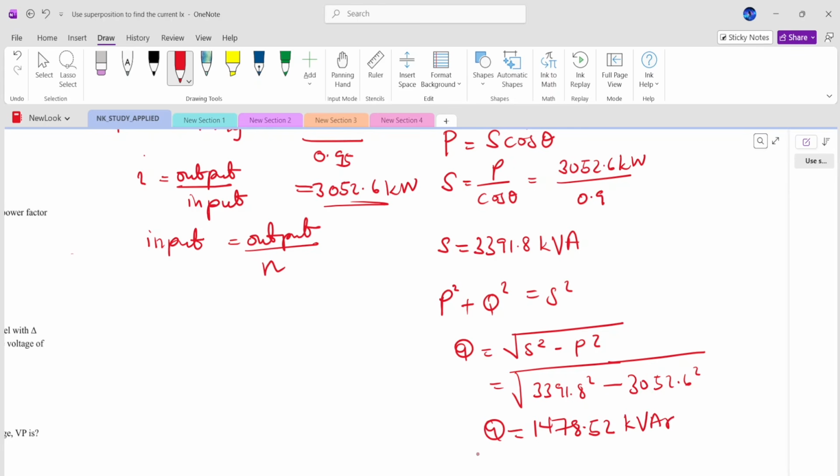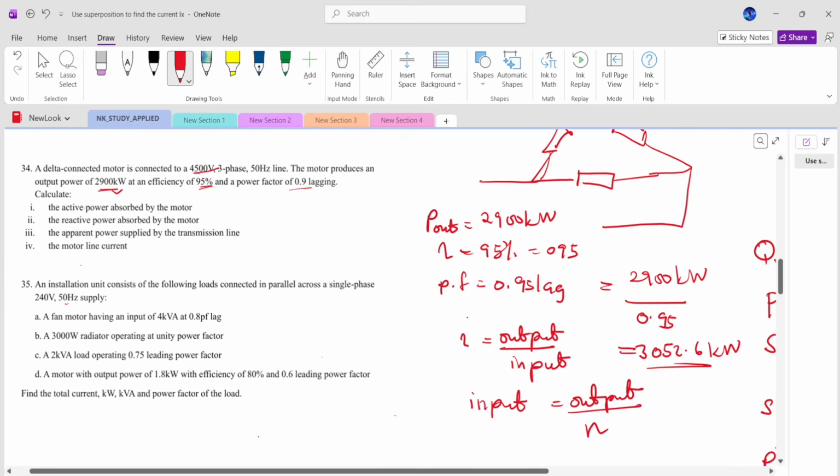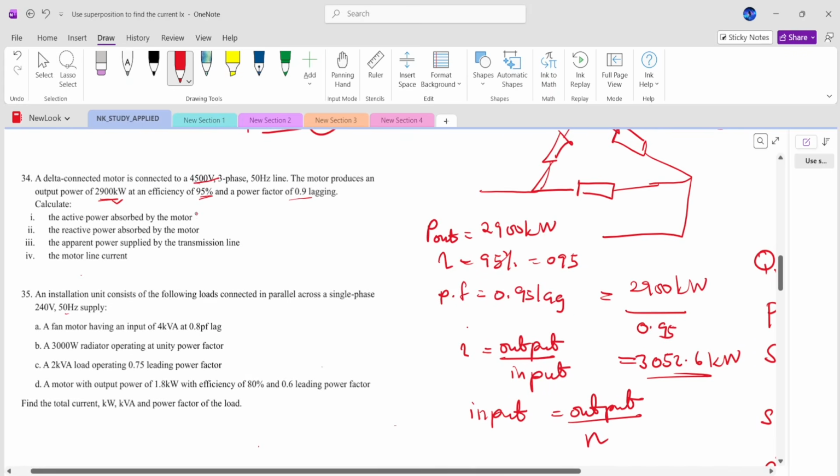That's our Q. So you solve the I, and we solve this.